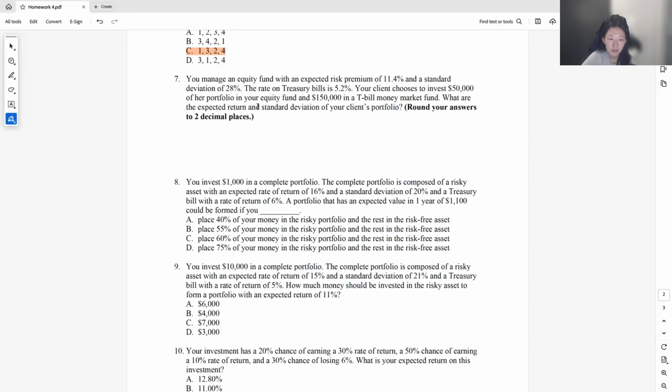What are the expected return and standard deviation of your client's portfolio? Okay, so we're going to do some math here. The formula is in the slides. So I'm going to pull up the slides for chapter 5.